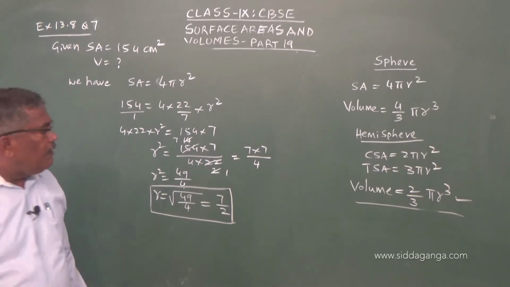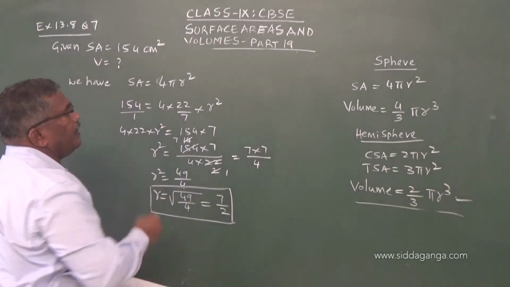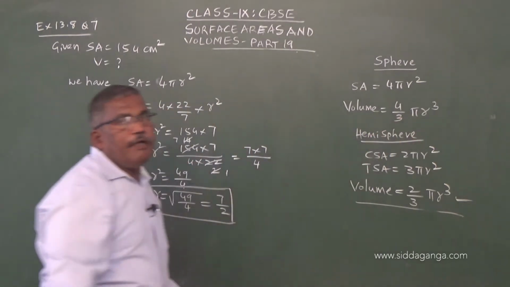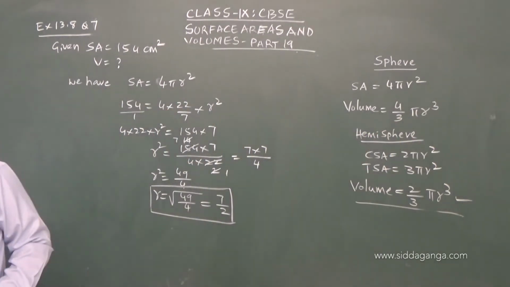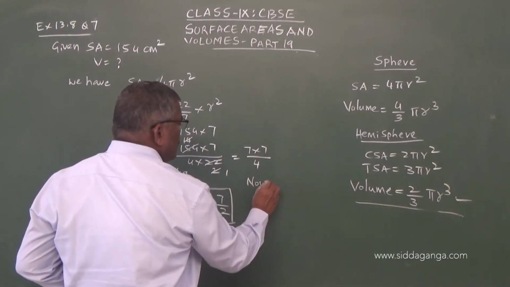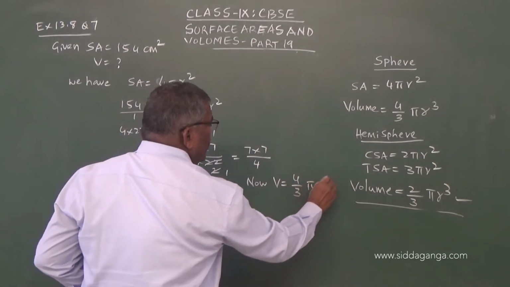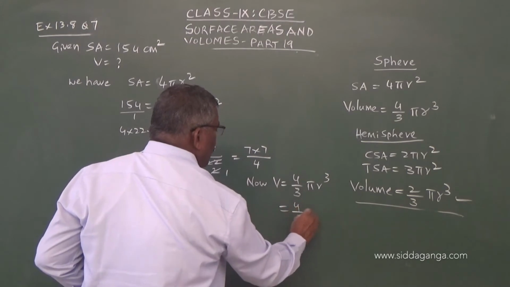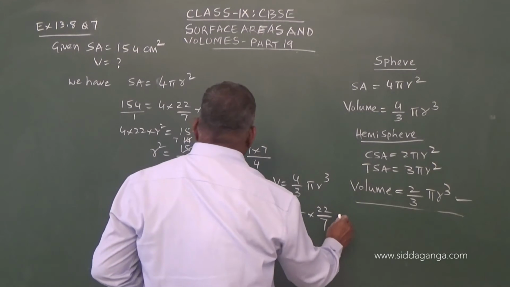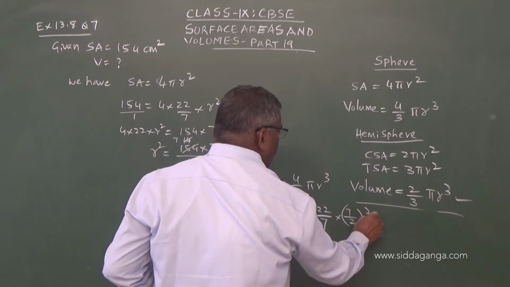Volume of a sphere is given by 4 by 3 pi r cube. Apply that formula and find the volume. So volume equals 4 by 3 pi r cube, which is 4 by 3 into 22 by 7 into 7 by 2 whole cube.